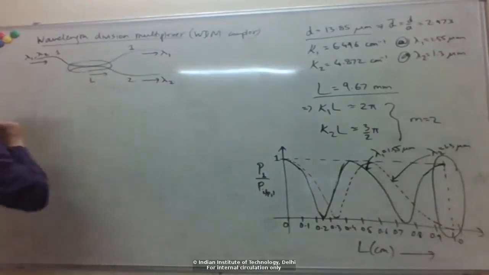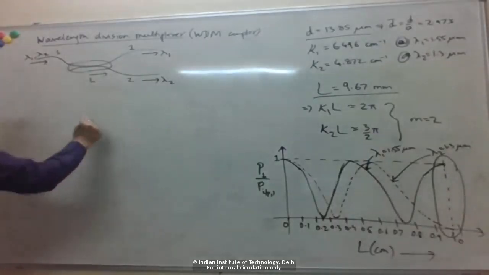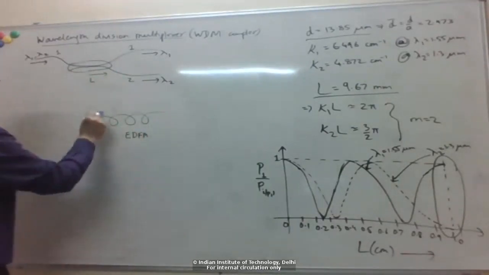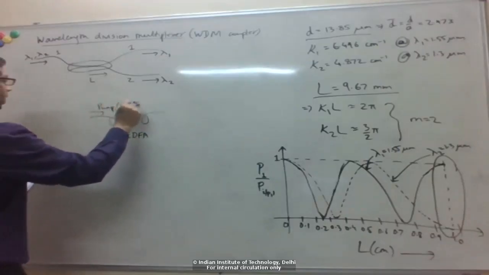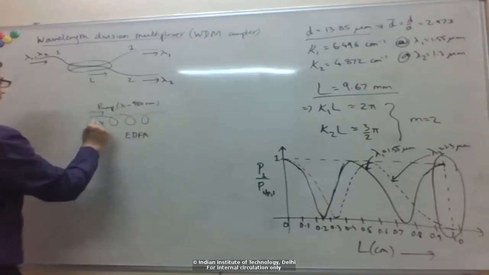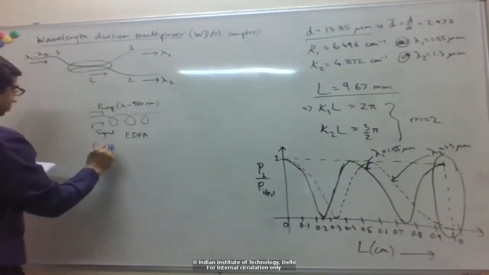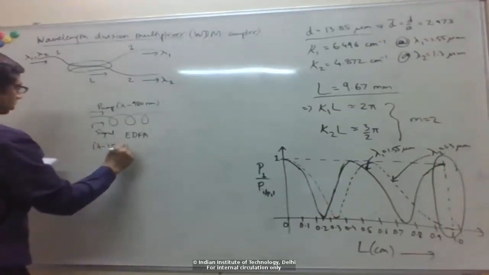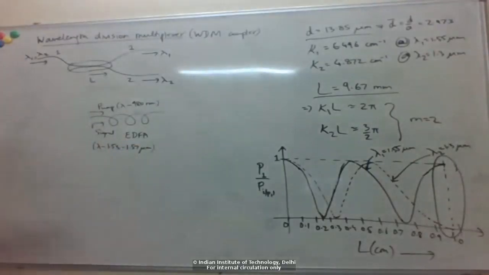So for example, recall when we were discussing EDFAs, right? So we had a pump. For an EDFA, there is a pump which is at 980 nanometer, and then there is a signal which could be anywhere in the range 1.53 to let's say 1.57 micron, right?